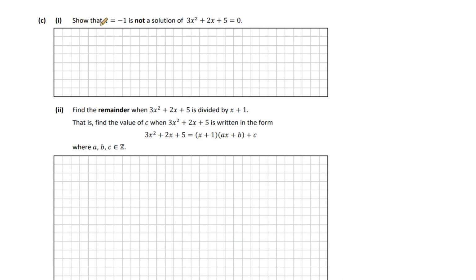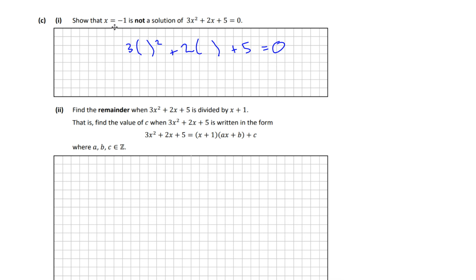Part C1 says show that x is equal to minus 1 is not a solution of this. Okay, so I'm just going to replace, that's pretty straightforward, the x with this solution and show that it's not equal to 0. So 3x squared plus 2x plus 5 is equal to 0. Apologies for that.